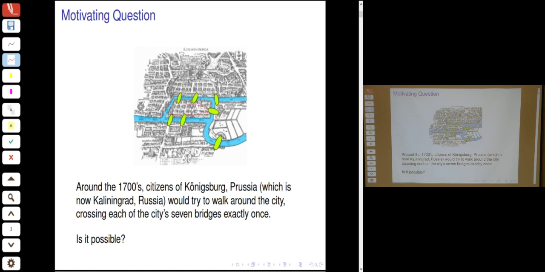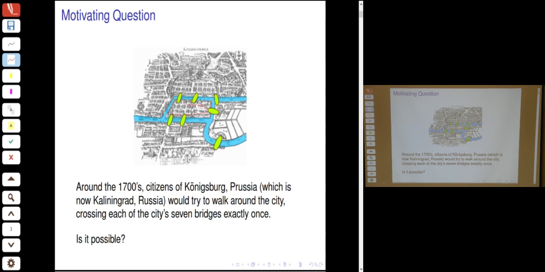Okay? So the point is that you will traverse the various districts of the city, but in order to do that, of course, you have to cross the bridges, because there are certain parts of the city where you cannot get to some other part without using one of the bridges. But you are not allowed to retrace any bridge.